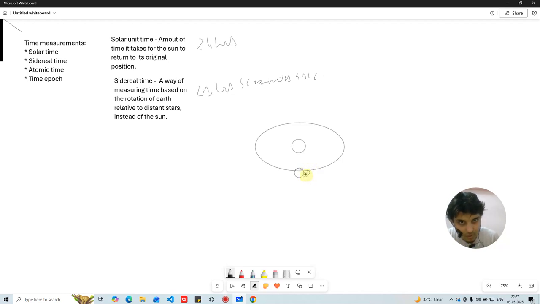Okay, so the earth has rotated itself completely in 23 hours 56 minutes and 4 seconds, but because it has also moved forward a little bit during those 23 hours 56 minutes and 4 seconds, the sun is left behind a little bit. Okay, so in order for the sun to return to the same position again, that's the difference of 4 minutes, 3 minutes 56 seconds to be exact.